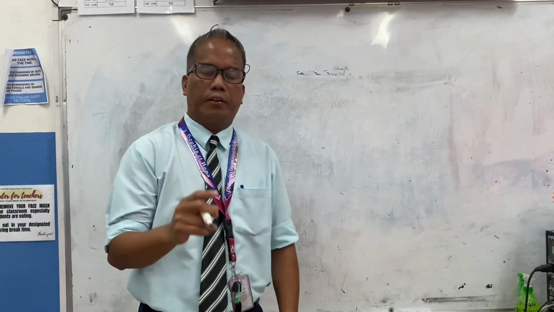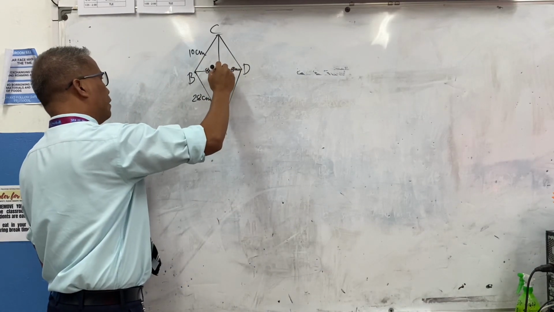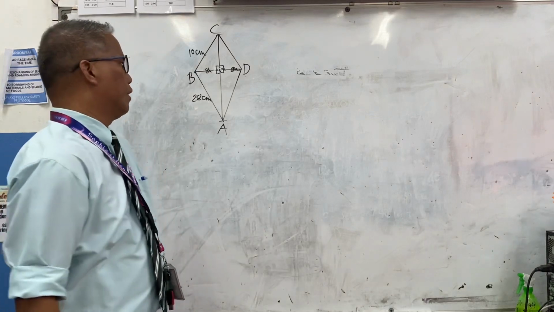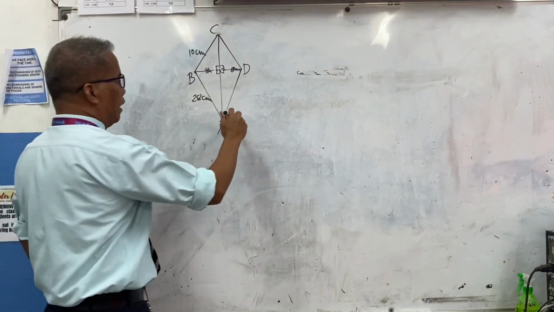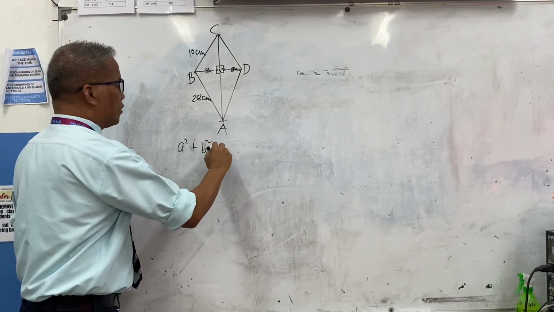The shorter diagonal and the longer diagonal are perpendicular, so they form a right angle here. From that, we can use the Pythagorean theorem: a squared plus b squared is equal to c squared.